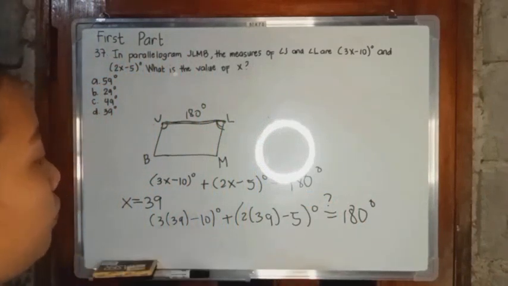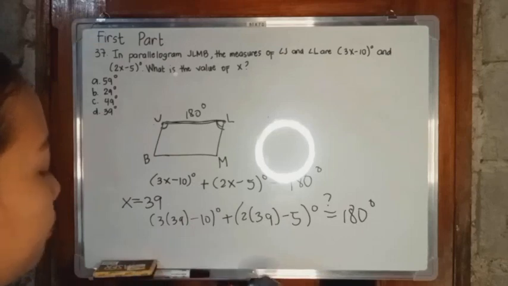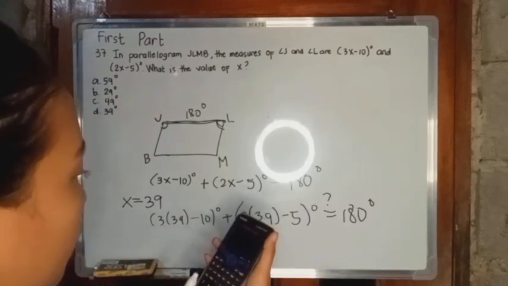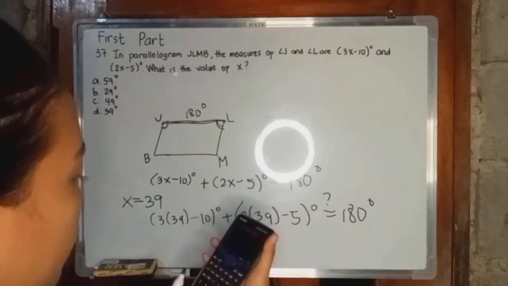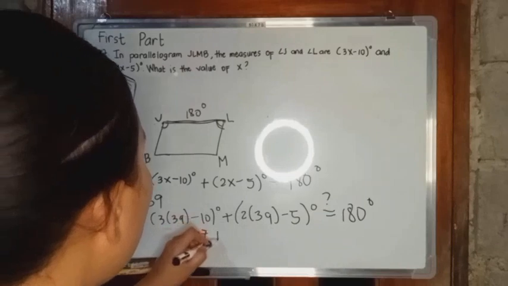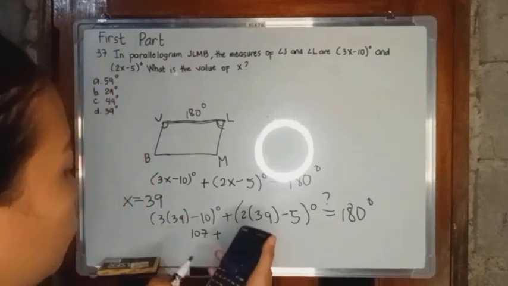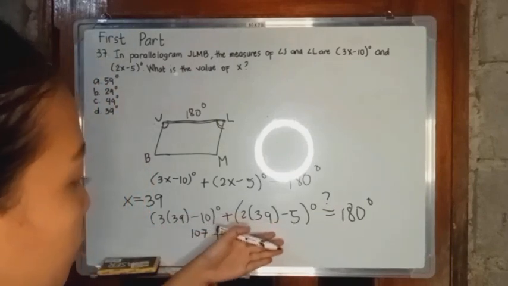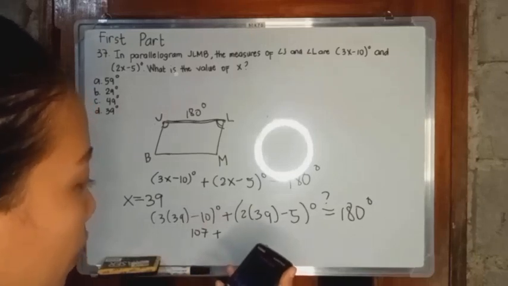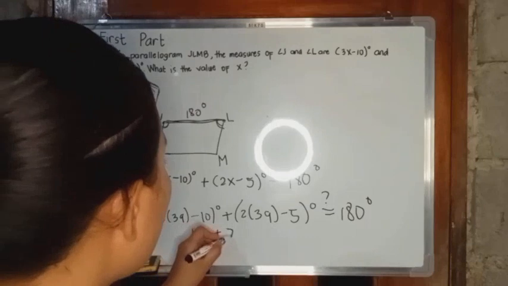Now, I'll solve this. 3 times 39 minus 10 is equal to 107. Plus 2 times 39 minus 5 is equal to 73.